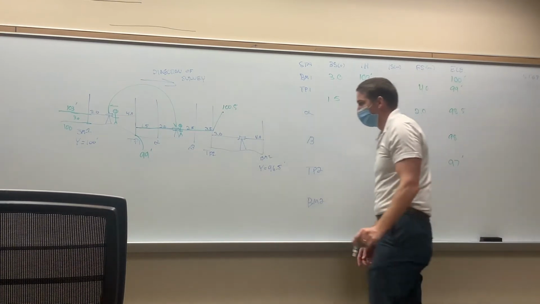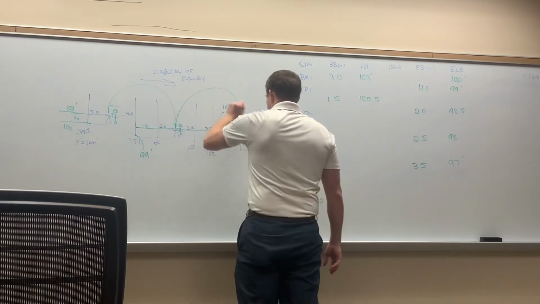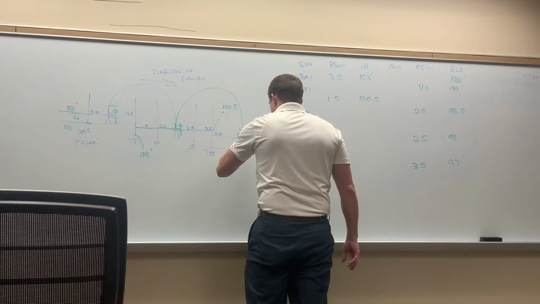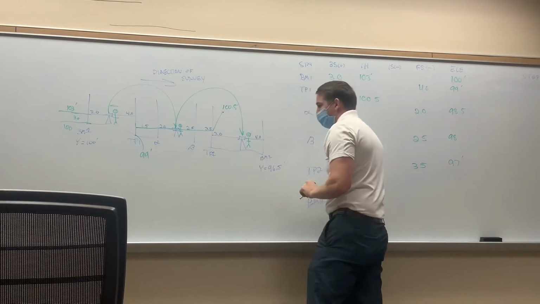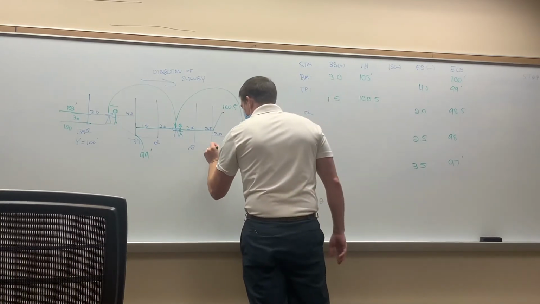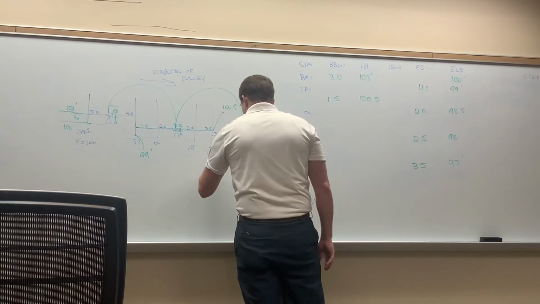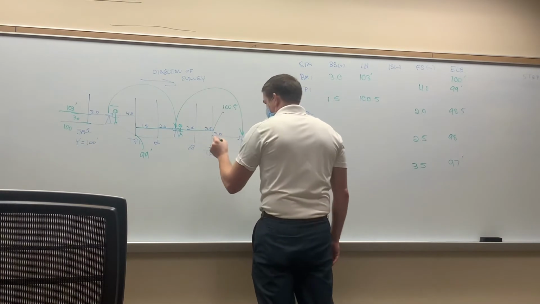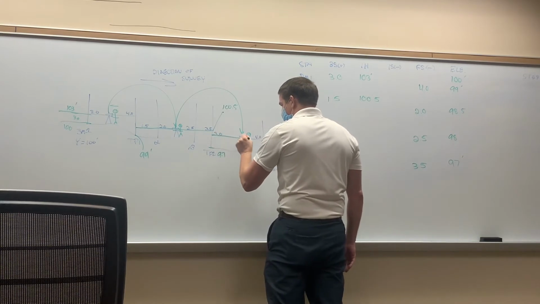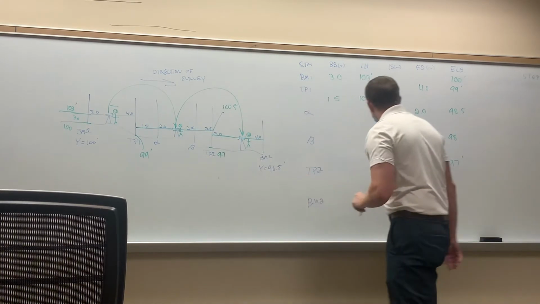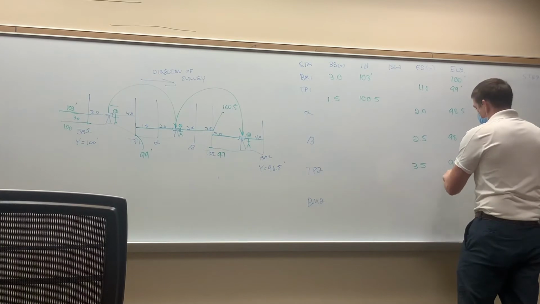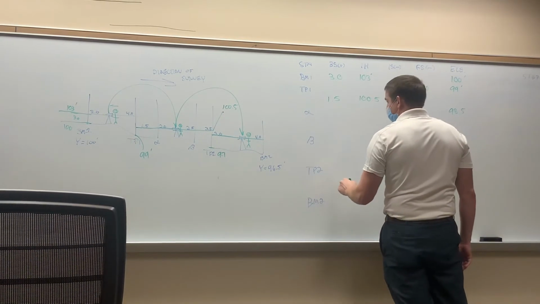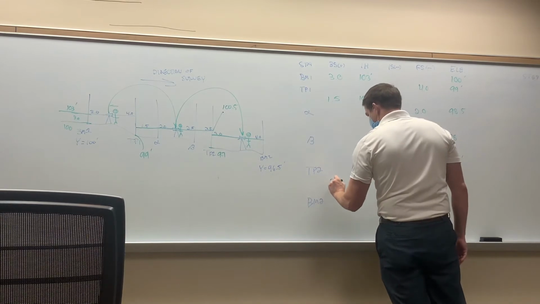Now I'm going to leapfrog over here. And I know that this elevation is now 97 feet. And my new height is 3 feet above 97 feet. So benchmark or turning point 2 has a back sight of 3 feet.